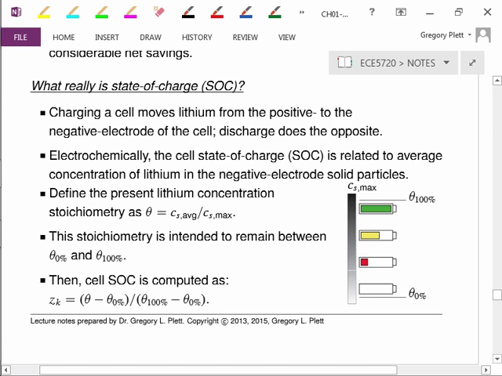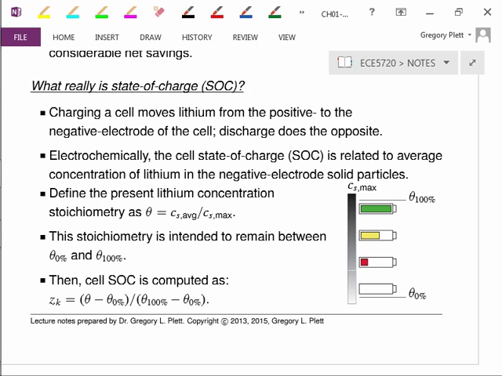I ask you to think a little bit about a battery cell based on what we learned in the previous course in 5710, and from a physics point of view, when we charge a cell, lithium is deintercalating from the positive electrode active materials, it's crossing the electrolyte, and it's intercalating into the negative electrode active materials, and discharge does the opposite. So I'm moving lithium, roughly speaking, from the positive to the negative electrode.